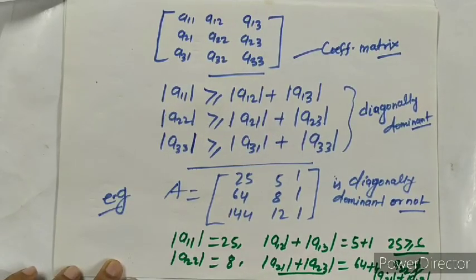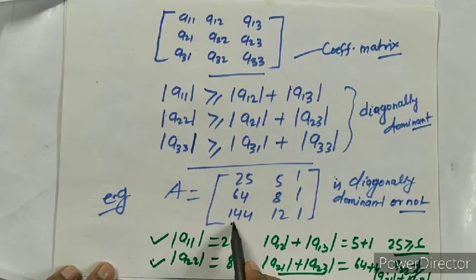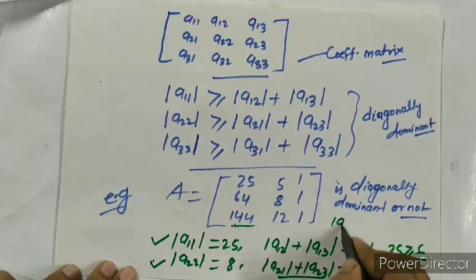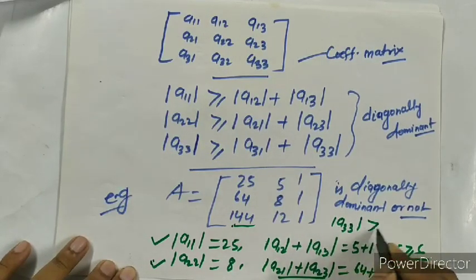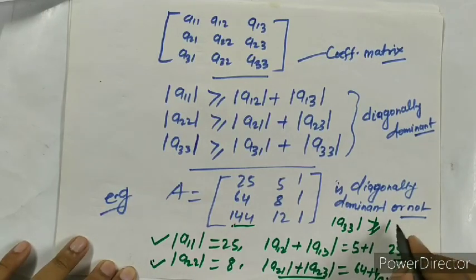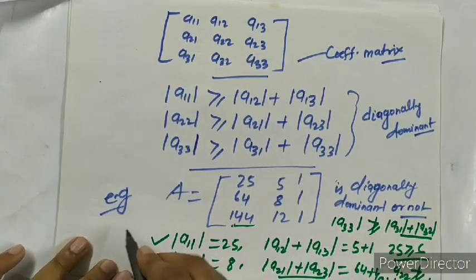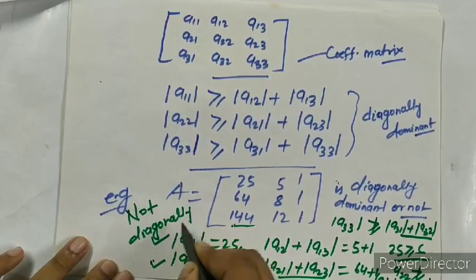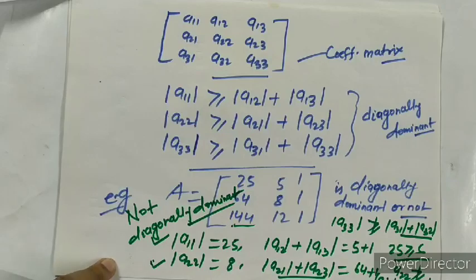Similarly, the modulus value of A33 is not greater than or equal to the modulus value of A31 plus the modulus value of A32. So this matrix is not diagonally dominant.